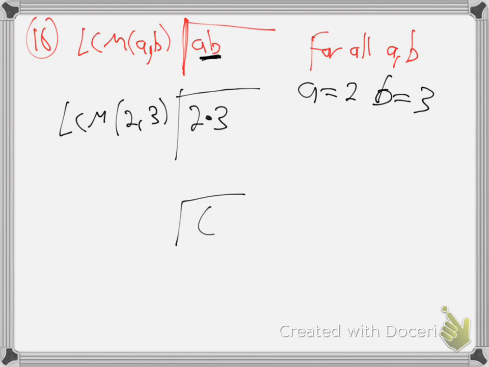So we're saying, does the LCM of 2 and 3 divide into 6? Well, I don't know. What is the LCM for 2 and 3? How do you find the LCM for 2 and 3? They're already broken down to their primes, so just 2 times 3 is 6. Good job. Exactly.